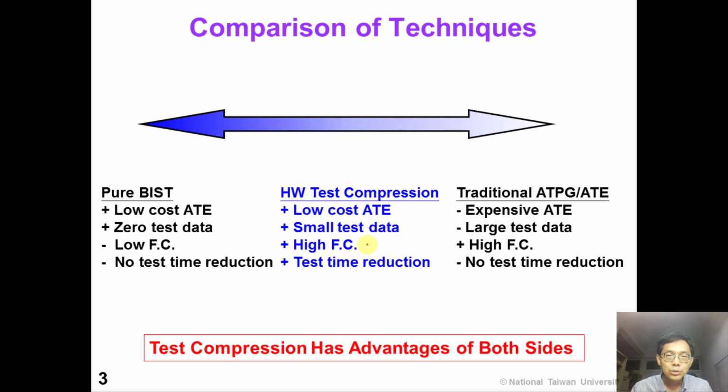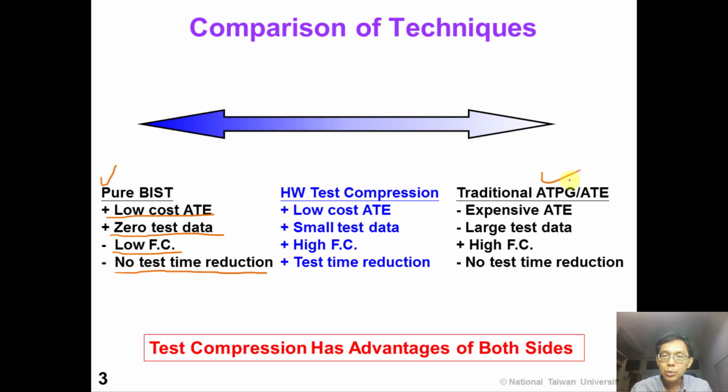This slide compares three compression techniques. On the left extreme, we have the pure BIST solution. The advantages are low-cost ATE and zero test data volume. However, BIST fault coverage is low, and we don't save test time.